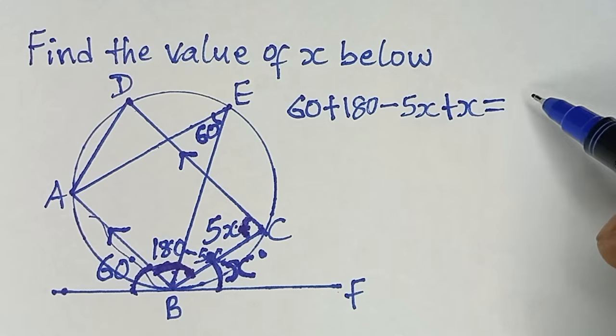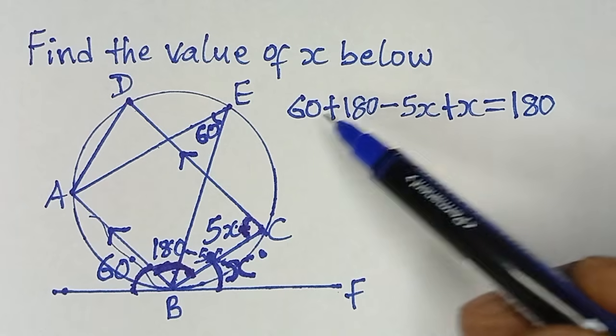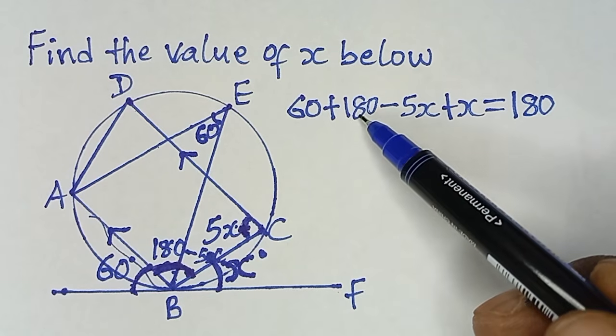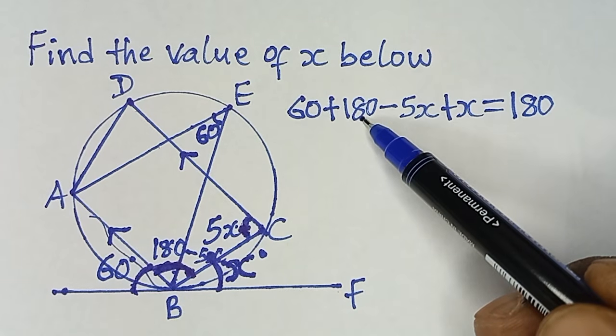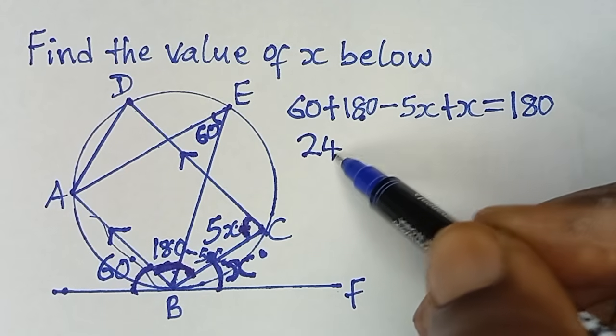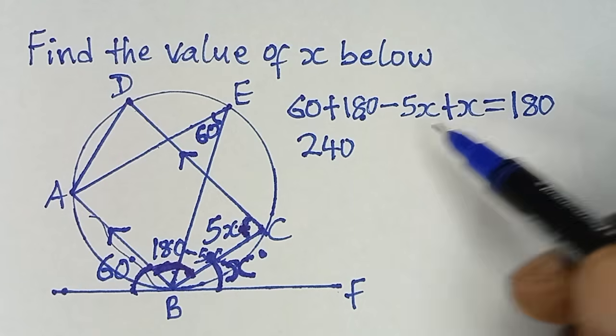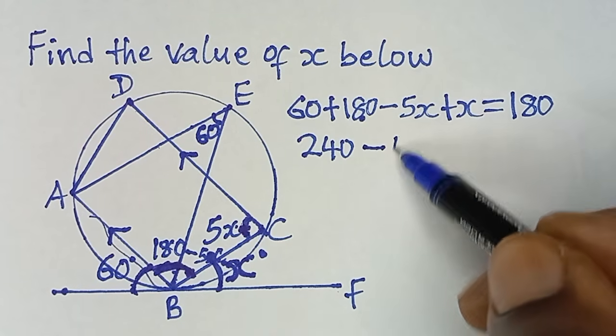Everything should be equal to 180 because the sum of angles on a straight line is 180 degrees. So 60 plus 180 is going to give me 240. Then minus 5x plus x will give me minus 4x.